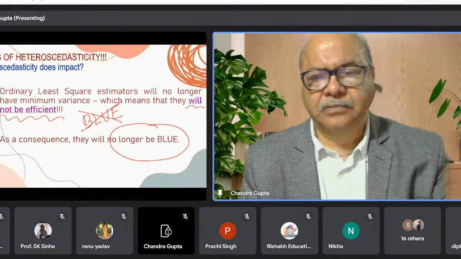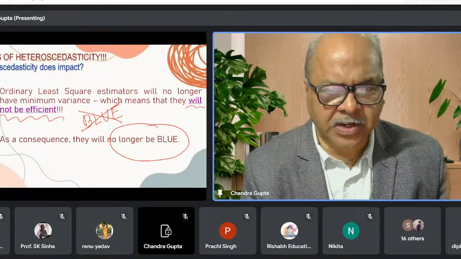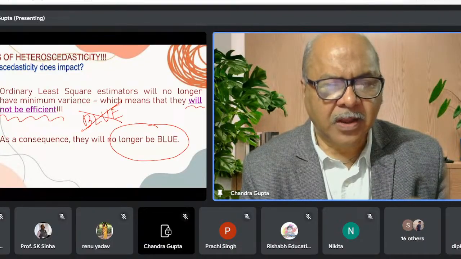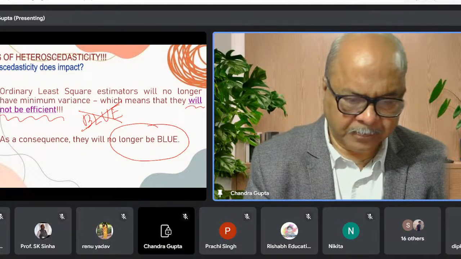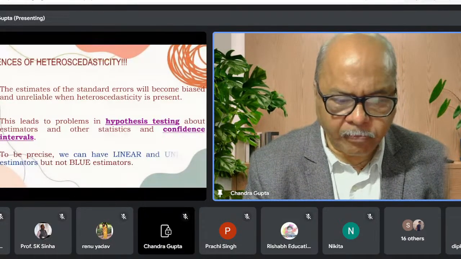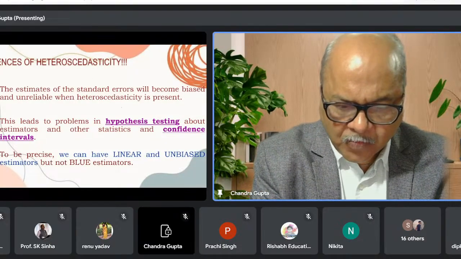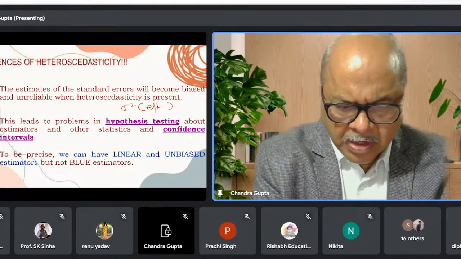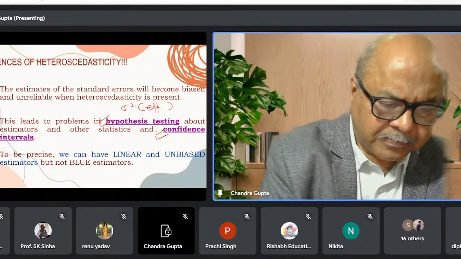Now the question is, how do we diagnose heteroscedasticity, and if we come across it, what steps should we take? If my variance is not efficient, then I will have a problem in hypothesis testing and confidence interval estimation.